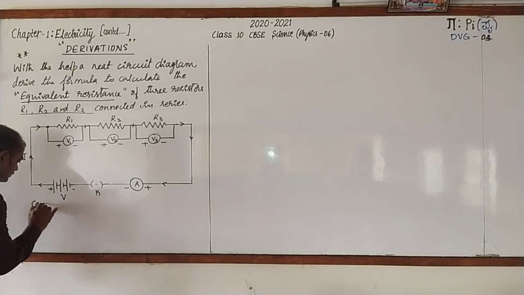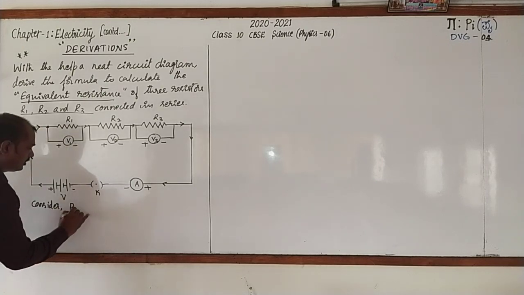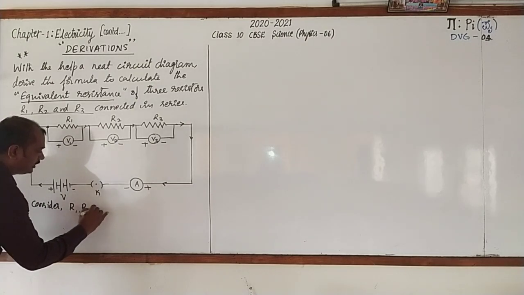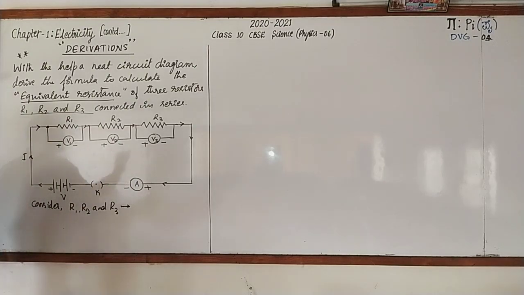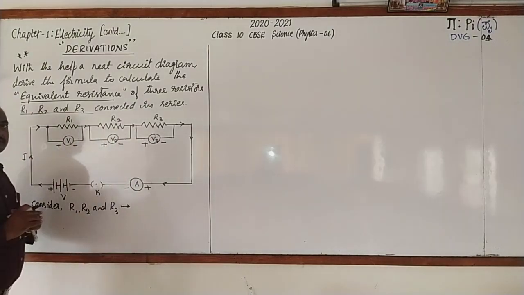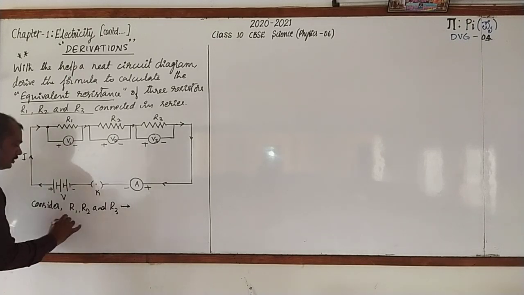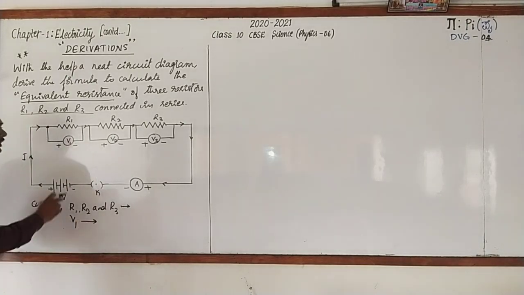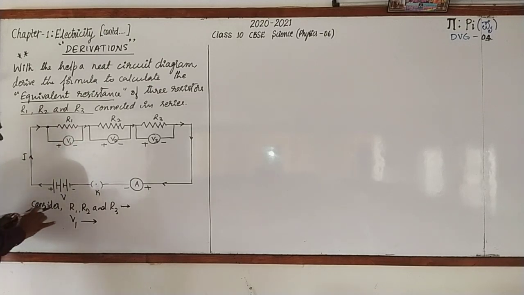Then what are those terms? Here I'll write. Consider R1, R2 and R3. What are these? These are the three resistors connected in series. Clear? Okay. Then what about V1? V1 is the voltage across R1.